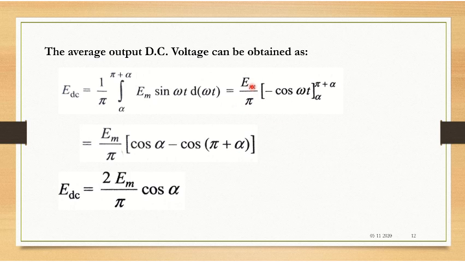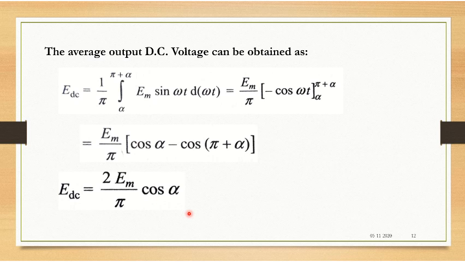It is the magnitude of your input voltage. By applying the limits, the average output voltage EDC is given by 2 Em by pi cos alpha. If you take it as Vm, then it will be 2 Vm by pi cos alpha. So this is the average output voltage for the full wave converter.